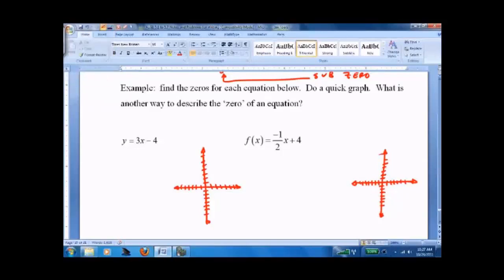Three x minus 4, up 3, over 1. Negative 1/2 x plus 4, up 4, down 1 over 2.